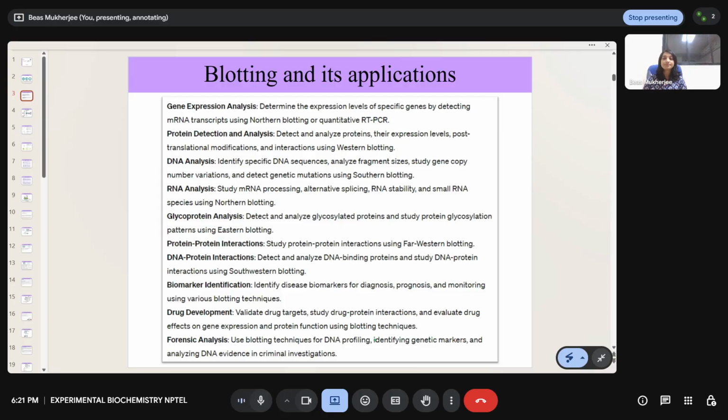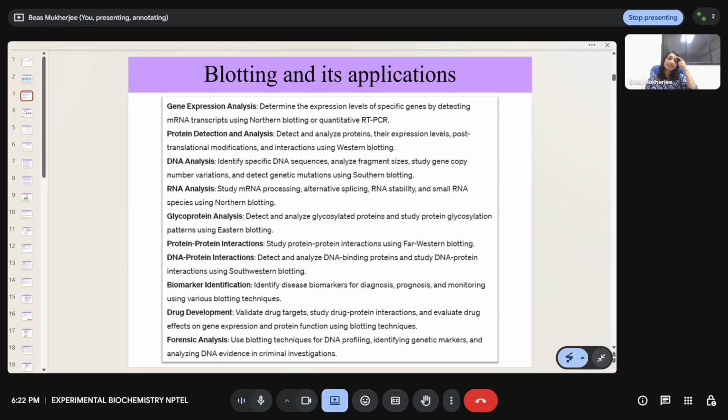And you have protein detection and analysis: detect and analyze proteins, their expression levels, post-translational modifications, interactions using Western blotting. DNA analysis: identify specific DNA sequences, analyze fragment size, study gene copy number variations, and detect genetic mutations using southern blotting.